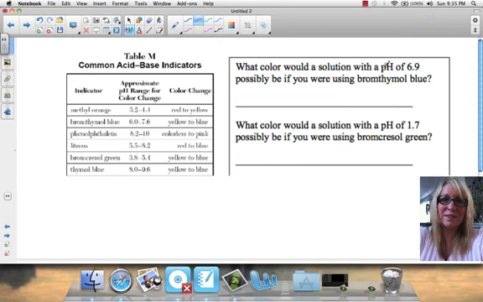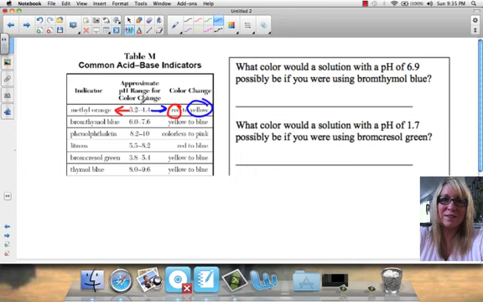What color would be a solution with a pH of 6.9 if you were using bromothymol blue? Remember on your indicator table that these are ranges. So for example, with methyl orange, 3.2 or less is going to be red, and 4.4 or greater would be yellow.